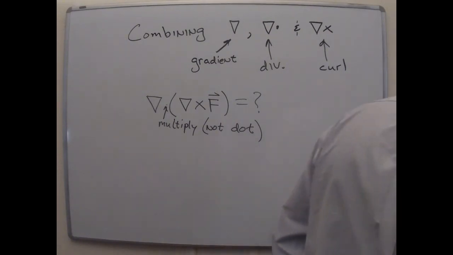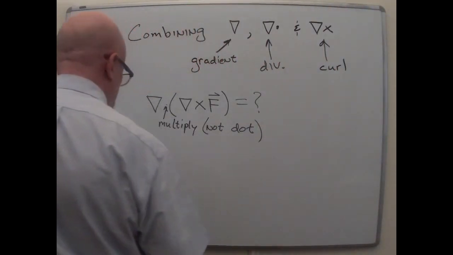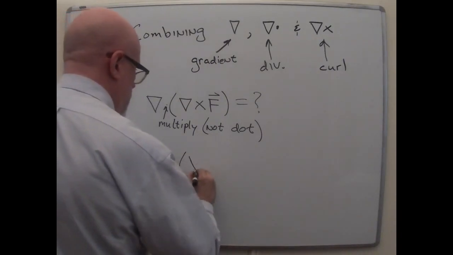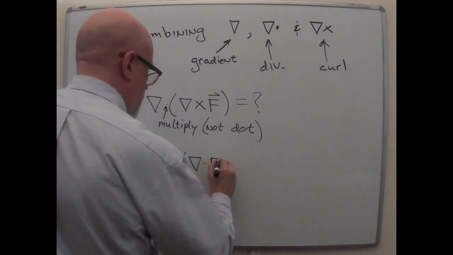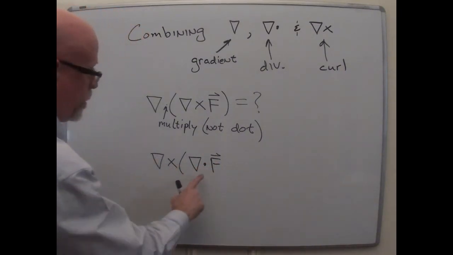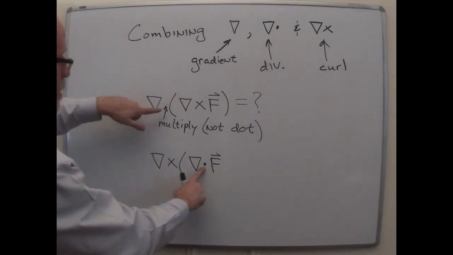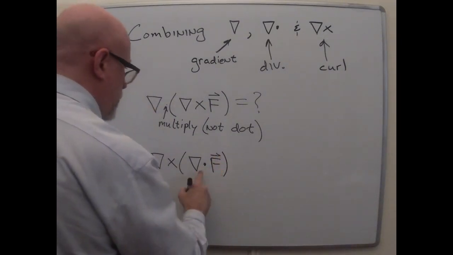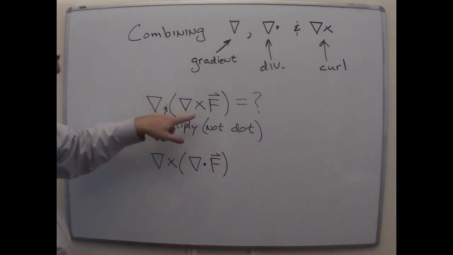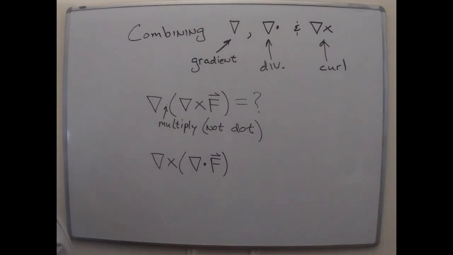Could I do del crossed with del dot a vector field? That has to be a dot product there, because I've written the del symbol next to a vector field, and we've just seen that if you put del next to a vector, you can't mean multiplying.